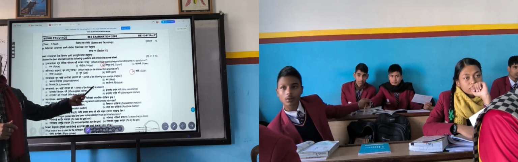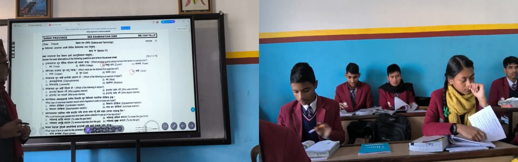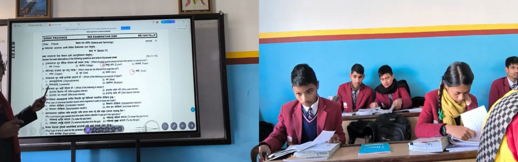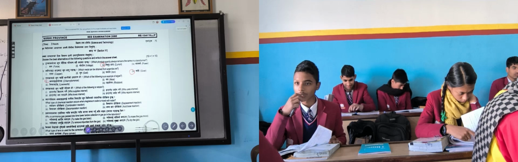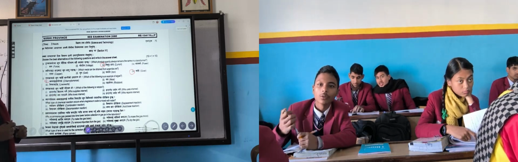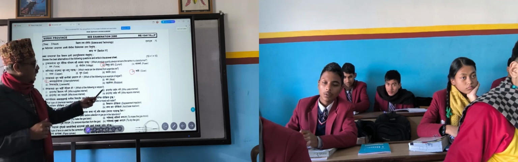Rhizopus, are you sure? Rhizopus is a pteridophyte. The answer is Chlamydomonas. Which of the following is a netizen? Who uses the internet? Means internet users, right?